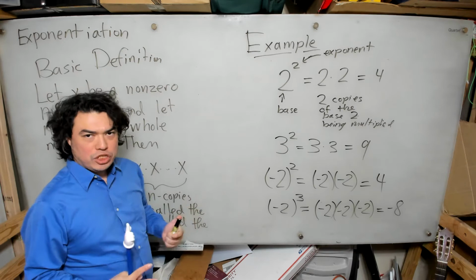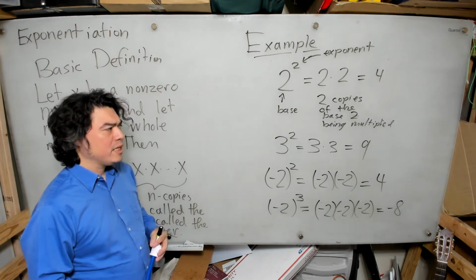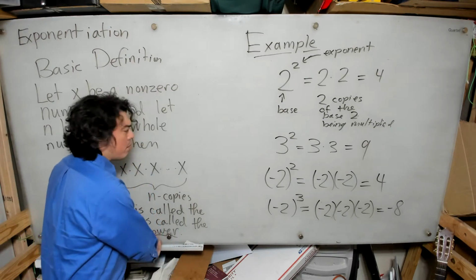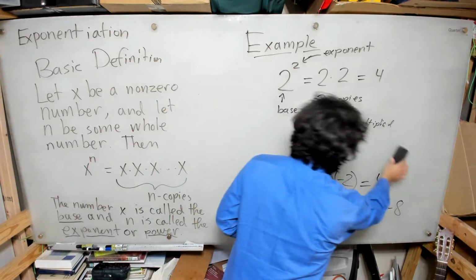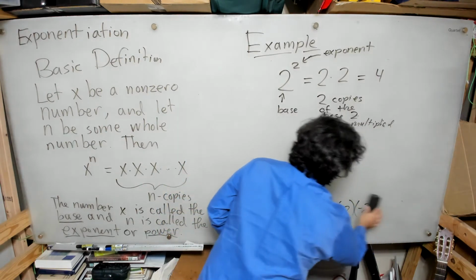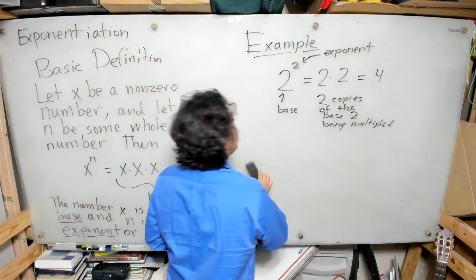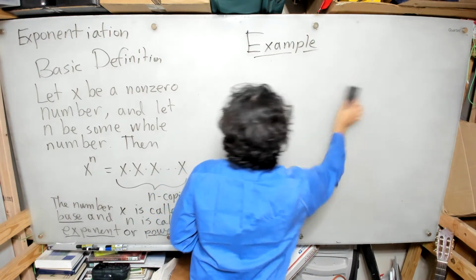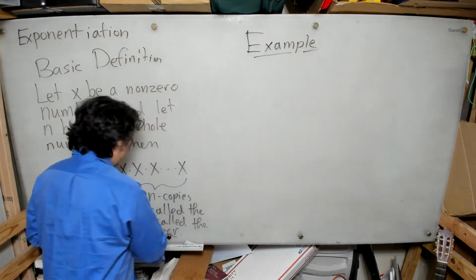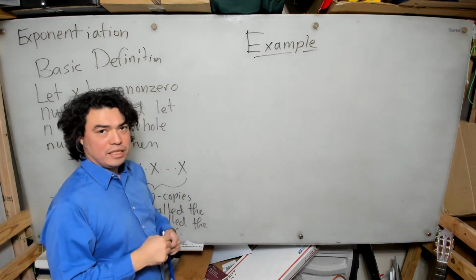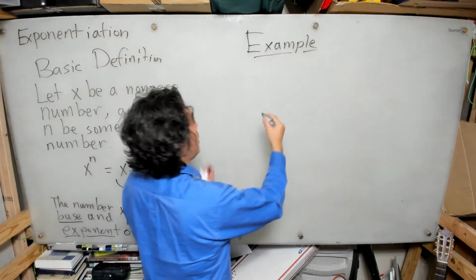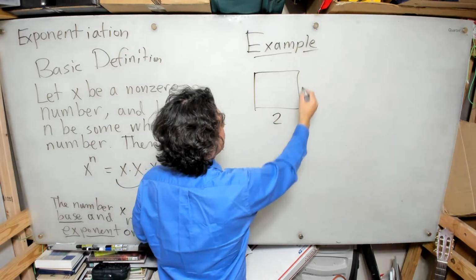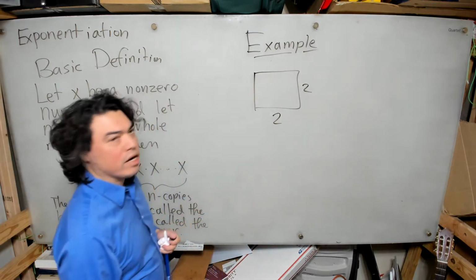The reason why exponentiation is important in algebra is because up until now, when you were doing arithmetic problems where an exponent might come up, like for example when you multiplied numbers, you could simply have multiplied those numbers and be done with it. The chance of there being a situation where you would want to capture the product of multiple numbers that might be the same wouldn't have necessarily happened. Like for example, if I was looking at this square and it's like 2 times 2, I wouldn't have thought of writing the area as 2 squared.